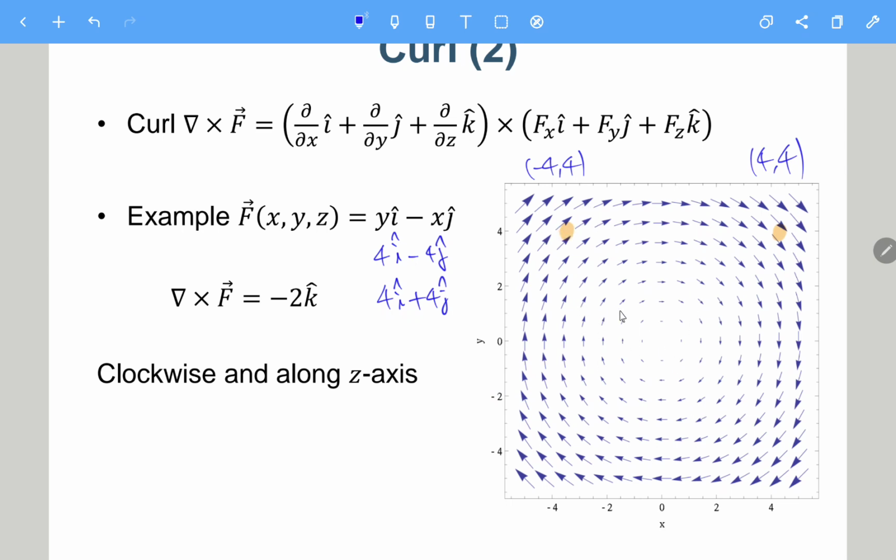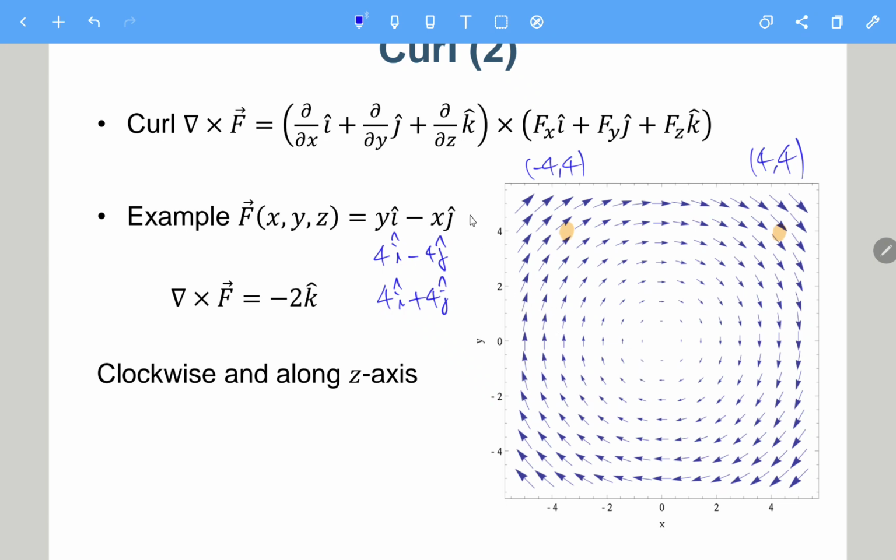And actually, if you have interest, you can try to go through different points to see whether it is correct, but it should be correct. If you have sufficient patience to go through the whole plane, then you can see that the vector field of yi minus xj is like this. The arrow not only corresponds to the direction, but also to the magnitude.